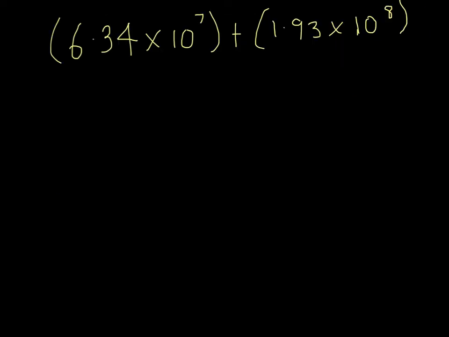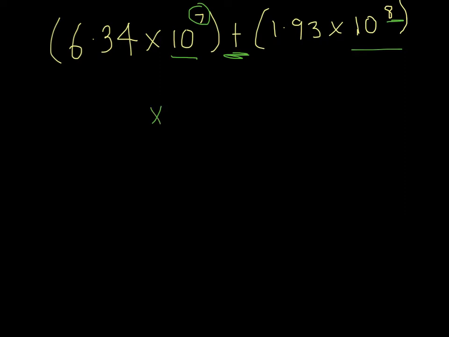Let's look at the following question, because now you'll notice that the bases are the same, but the powers are different. So therefore we cannot straight away add them. What we want to do is try and get the smaller power to the same as the bigger power, or vice versa. I'm just going to use the smaller power and get it as the bigger power.